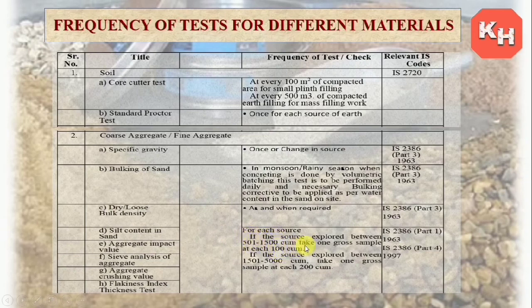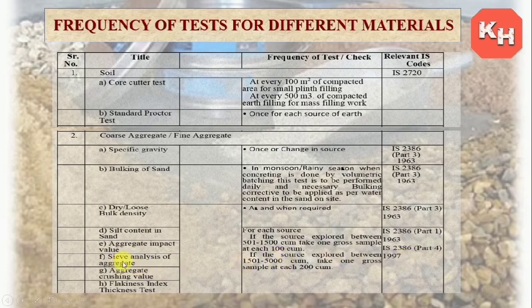If the source explored is between 501 to 1500 cubic meter, take 1 gross sample at each 100 cubic meter, and if the source explored is between 1500 and above up to 5000 cubic meter, then take 1 gross sample for each 200 cubic meter. Remember this. This is as per IS 2386 part 1 1963 and IS 2386 part 4 1997.